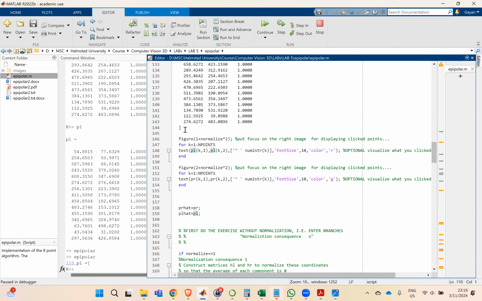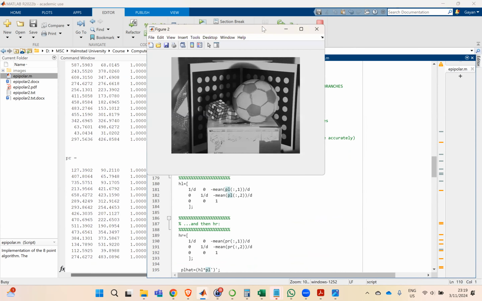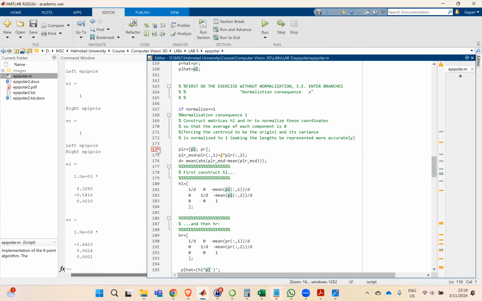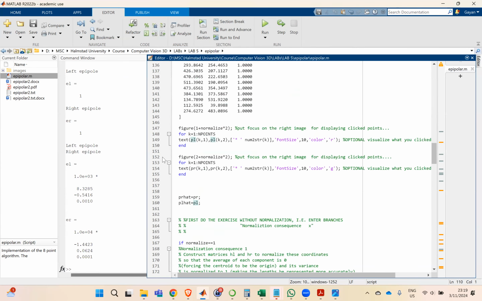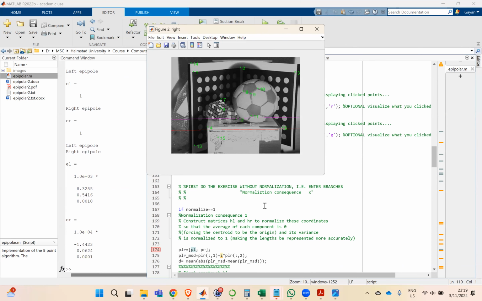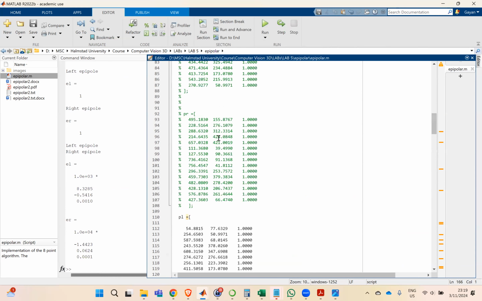Oh no, it's in here. To continue. Okay, these are the points we had. Okay, it already finishes. So what I need to stop in here. For some reason, it's not stopping.